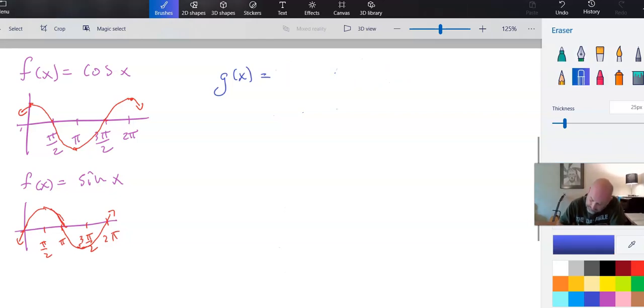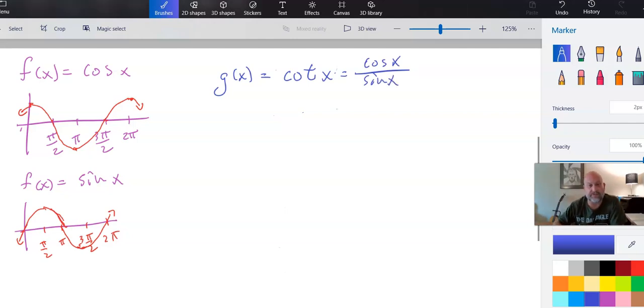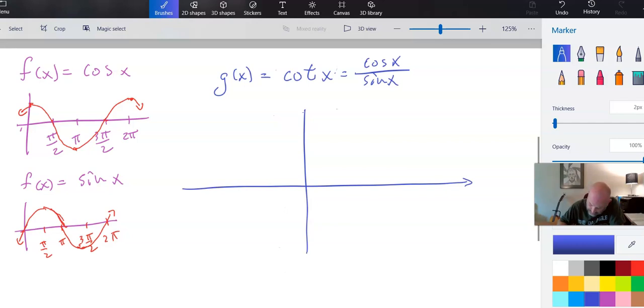So let's see if we can piece this one together. So cosine x over sine x. Again, I'm going to center this one more because we saw from tangent that it was more central.